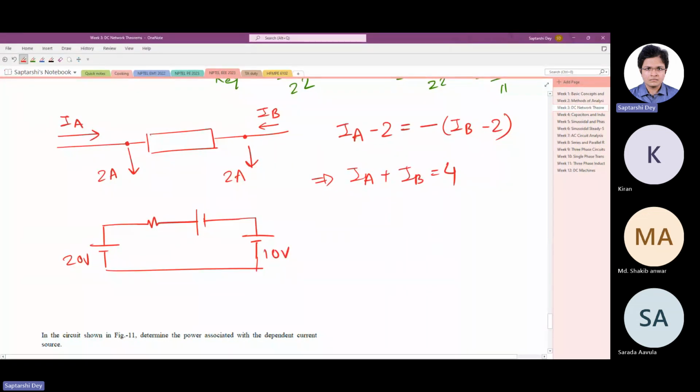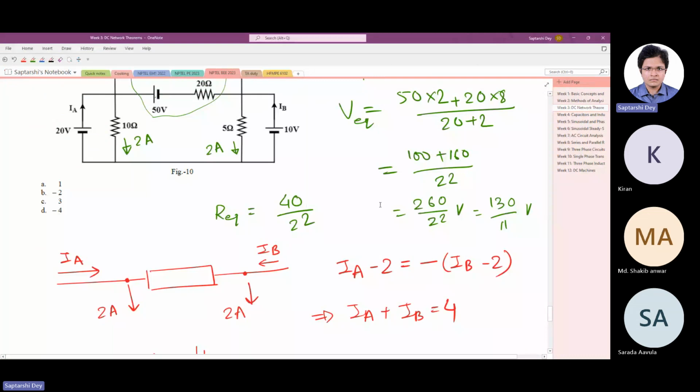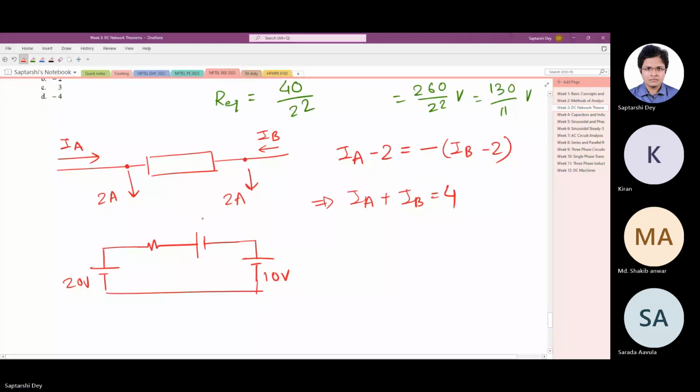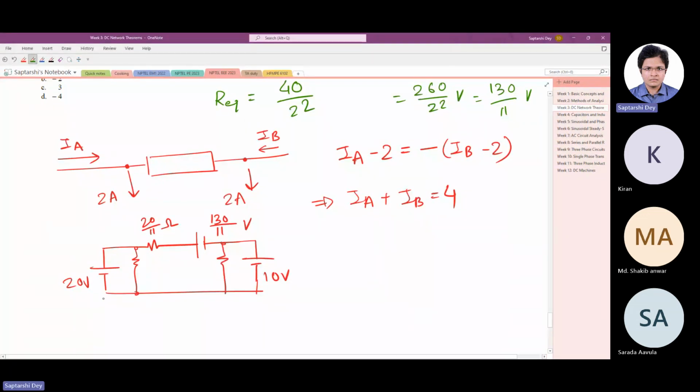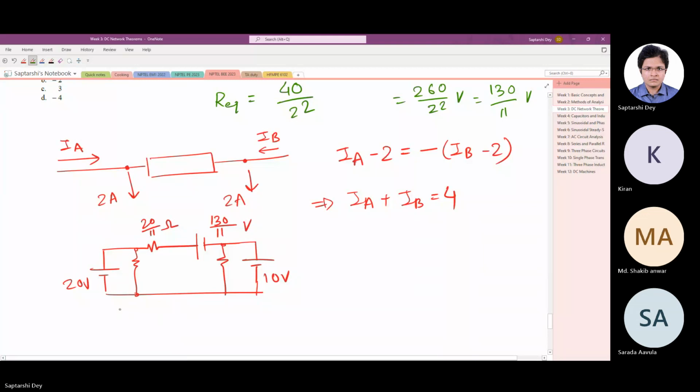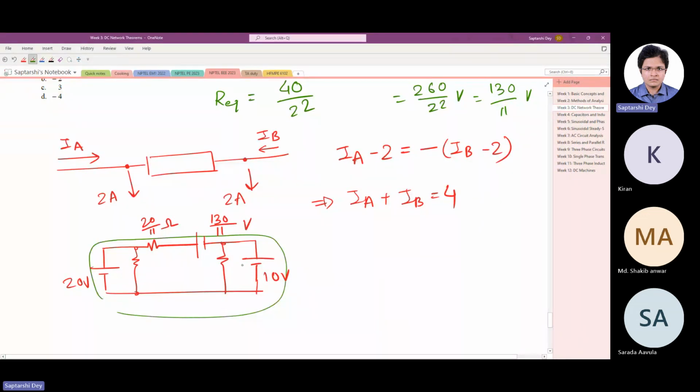Okay, 10 volt and 130 by 11 volt, 40 by 22 ohm. 130 by 11 volt, 40 by 22 is 20 by 11 ohm. And there are two more resistances here also. But we can apply KVL only at the outer loop.